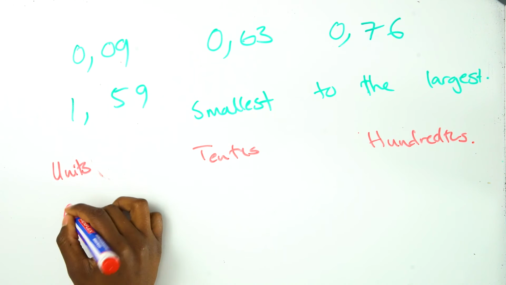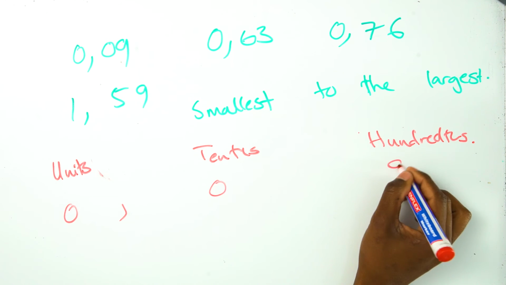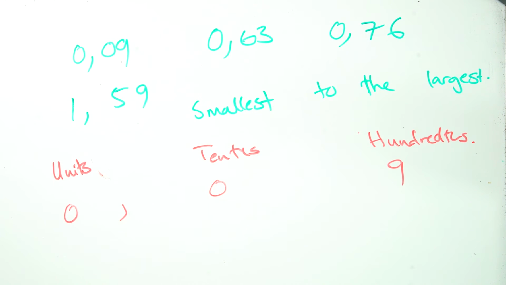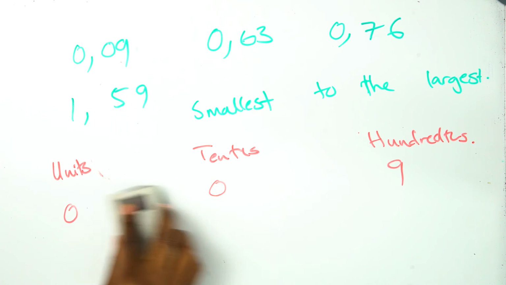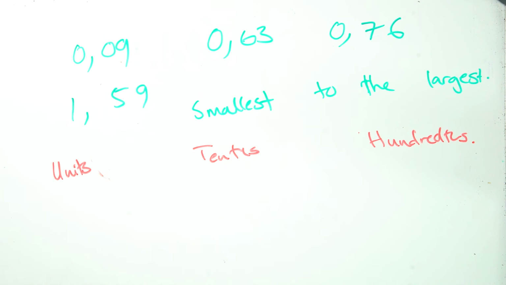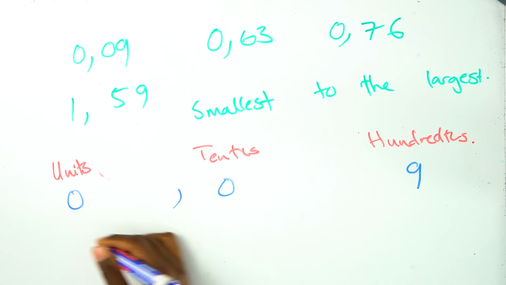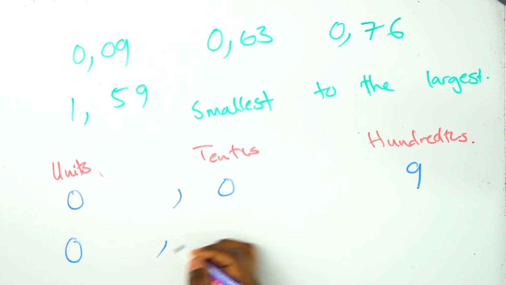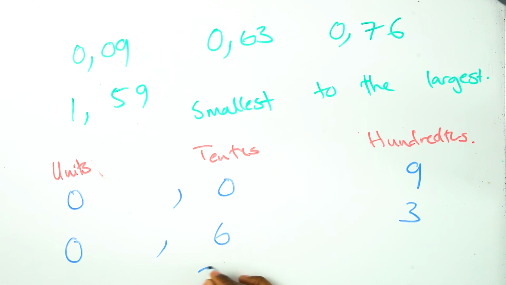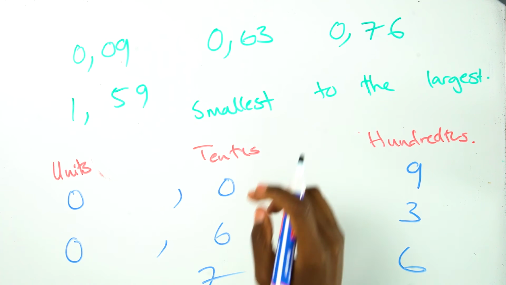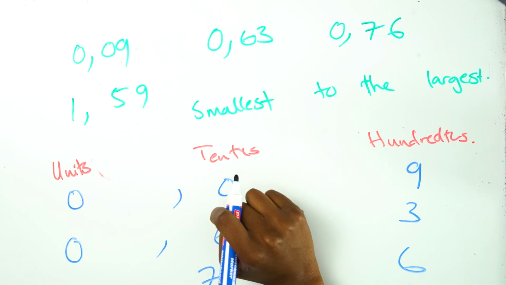So you write your 0,09. Let me write with another pen so that you see properly. 0,09, and then the next one is 0,63 followed by 0,76. The last one is 1,59. We want to find from the smallest to the largest.